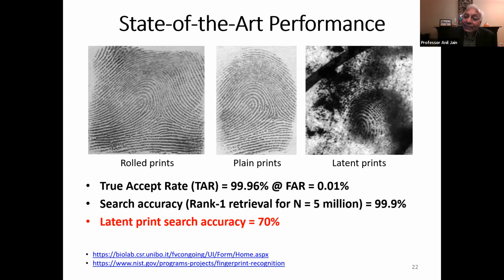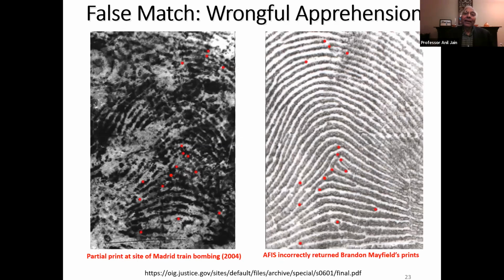And I think that's the important thing to note in fingerprint recognition. You cannot stop at 99.9% accuracy. You have to keep pushing it further. Because if a mistake is made, it could lead to serious issues if I'm not retrieved properly or I'm incorrectly retrieved from a database of criminals. And that's what I want to show you in the next slide.